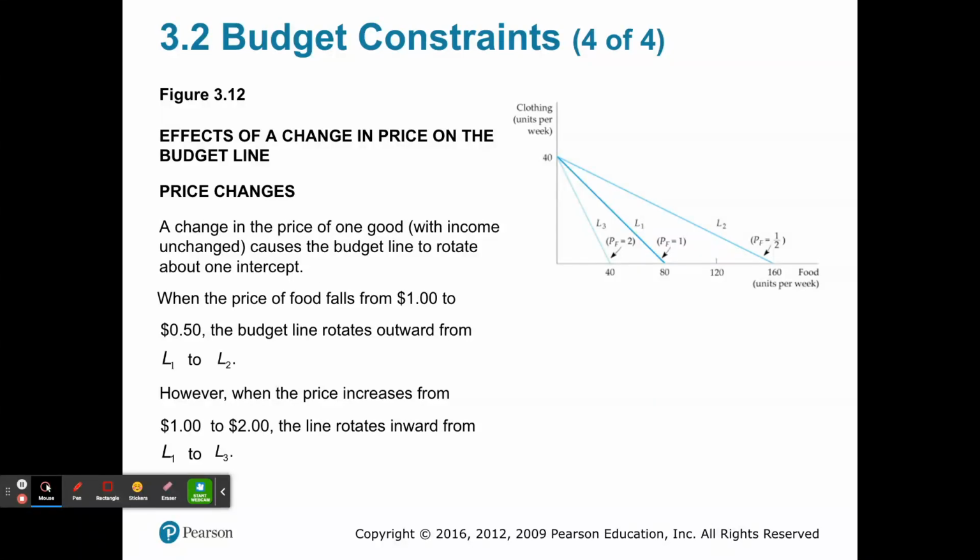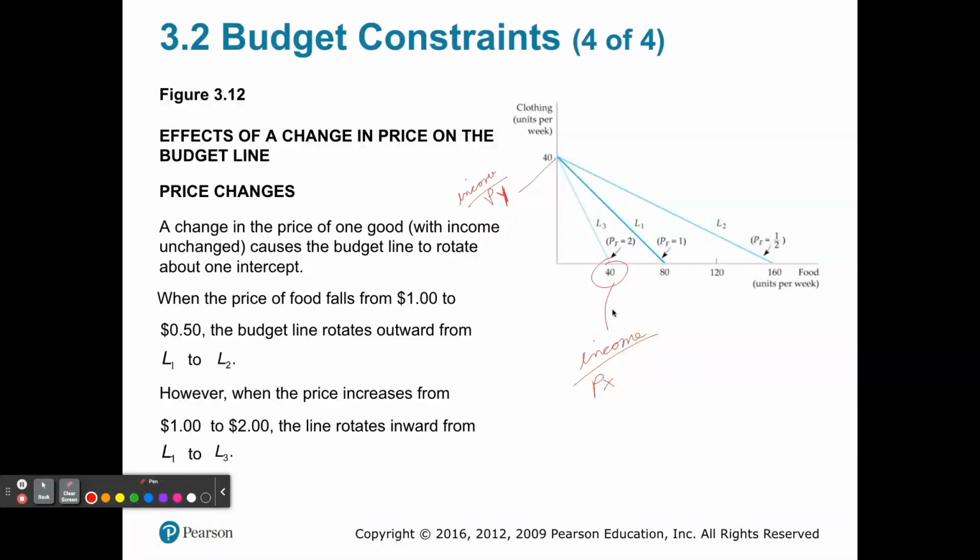Notice here that the x-intercept is your total income divided by the price of the x product. Here, your y-intercept would be your total income divided by the price of the y product.